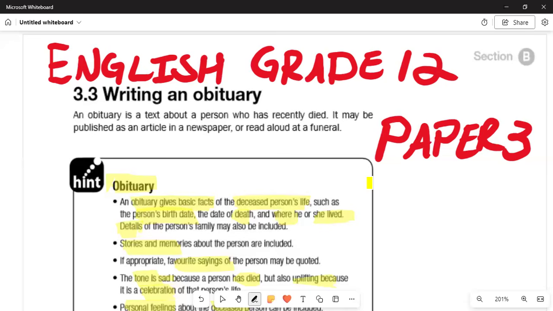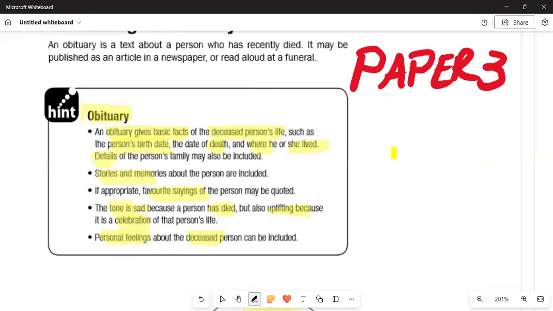And what is an obituary in terms of the hints before we go to it? The person's birth date must be stipulated, the person's death date and where he or she lived. The details of the person's family may also be included. Number two, the stories and the memories about the person are included.